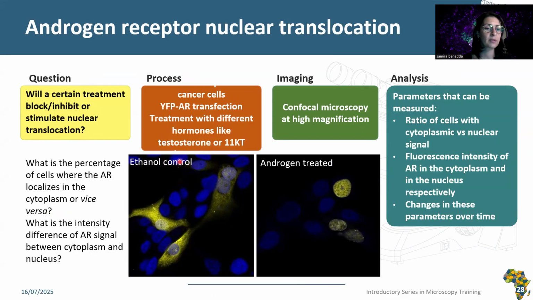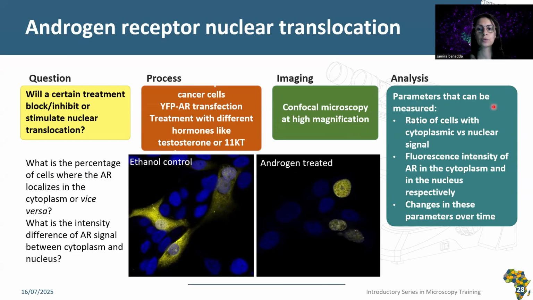We can see, for example, in the ethanol control that it is cytoplasmic, and in the other treatment, it's in the nucleus. And we image with confocal microscopy, for example, at high magnification, we have a very good resolution. So after, how can we quantify these parameters?